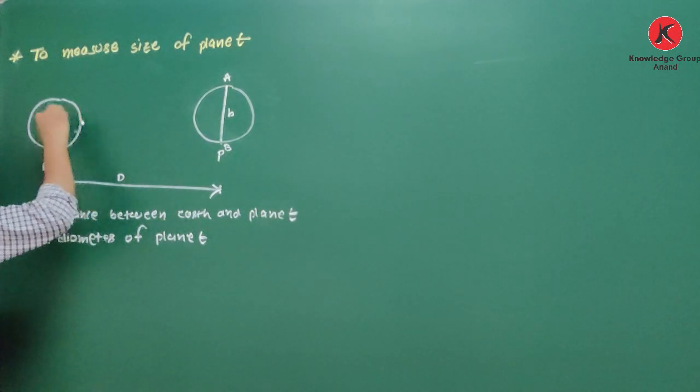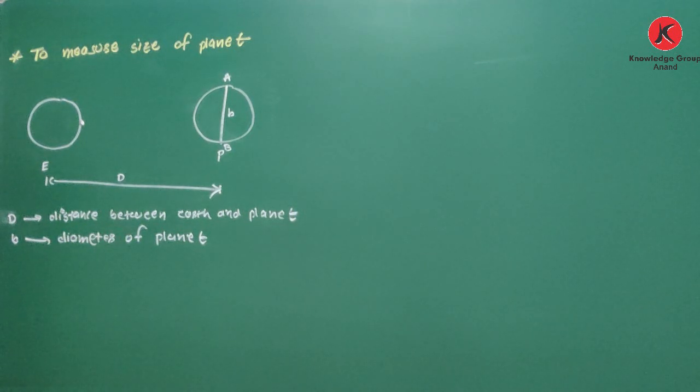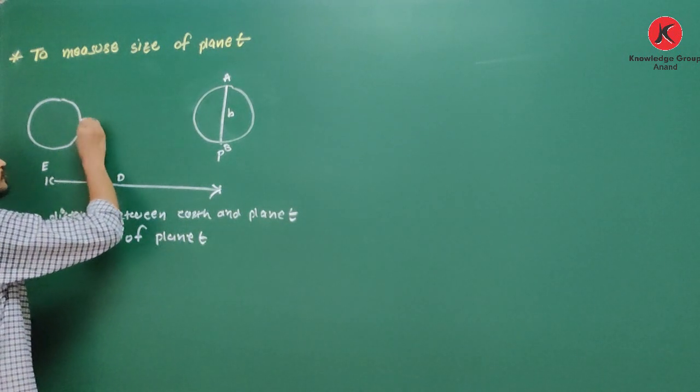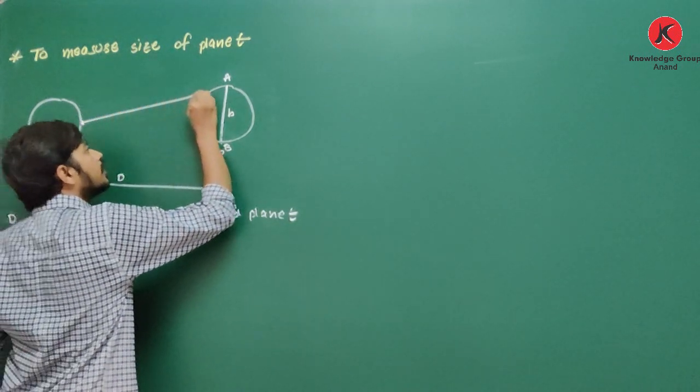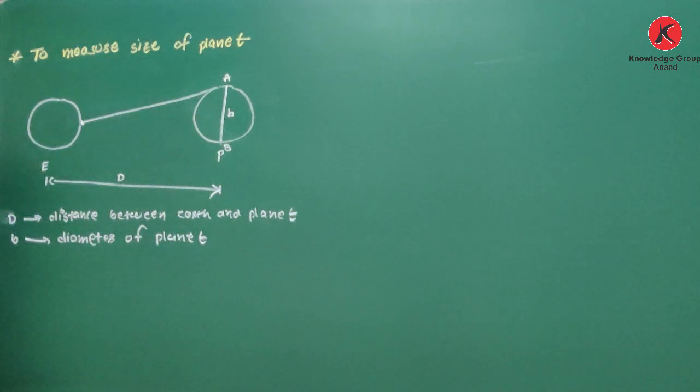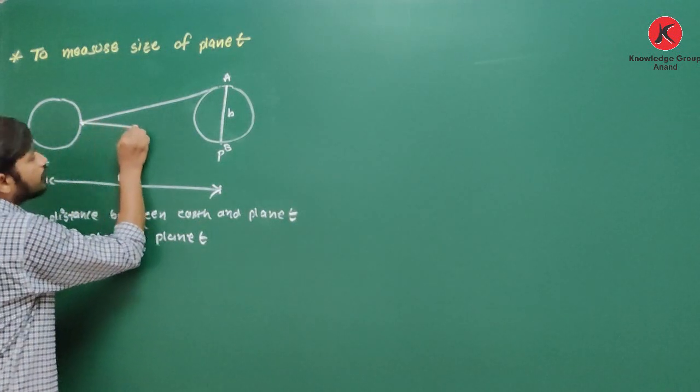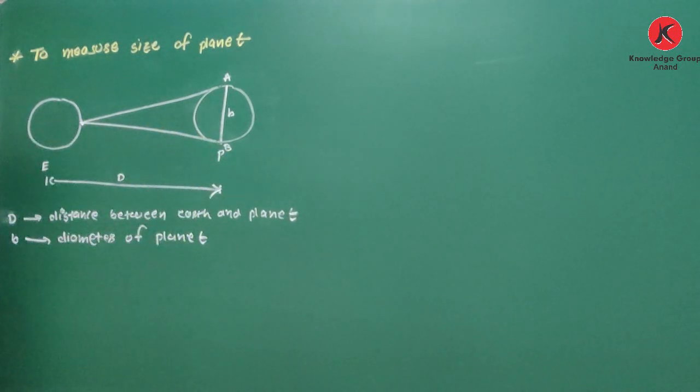From a place on Earth, first of all you have to observe this point A of the planet with the help of an instrument. Then from the same point you have to observe its diametrically opposite point.